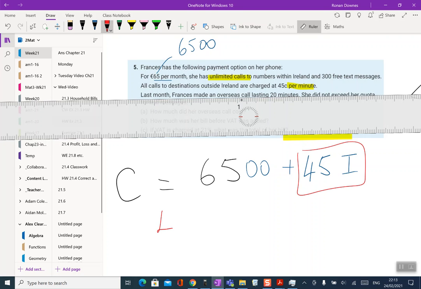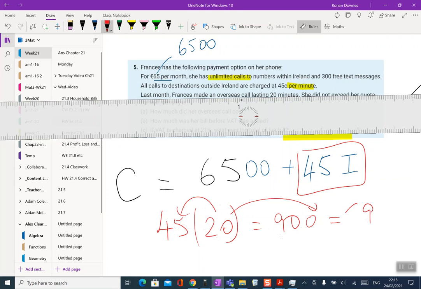So it cost her 45 times 20 in cents. Okay, 2 45s is 90, and then add a 0. Okay, that is in cents, so it cost her €9.